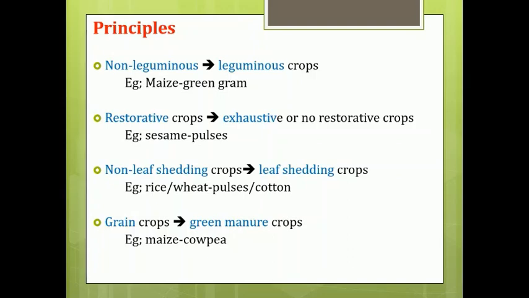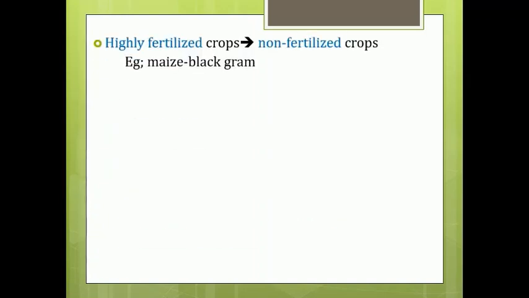Grain crops should be followed by green manuring crops. Maize followed by cowpea is an example. Highly fertilized crops, or crops that need higher fertilizer, should be followed by crops requiring less fertilizer or non-fertilized crops.